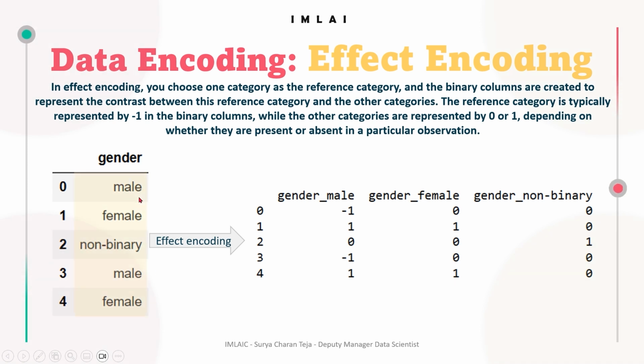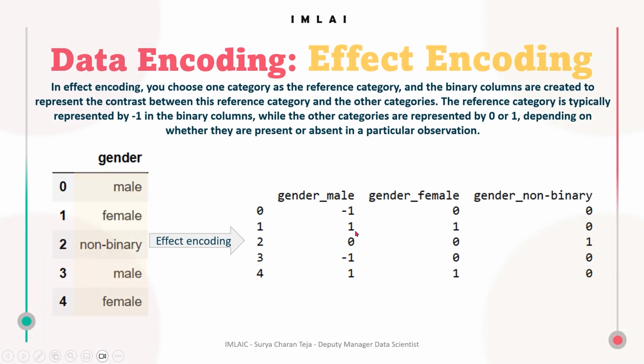Now let's look into this. You have the male category, which is obviously the reference category. You get -1, and the binaries will be 0. When you have female, you put 1 in female, and non-binary will be 0.